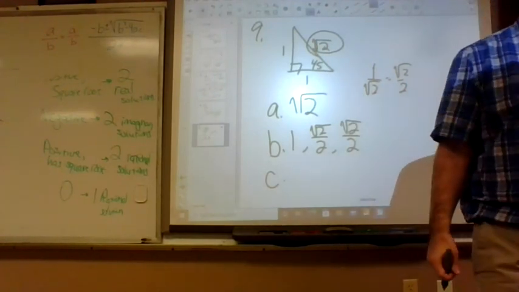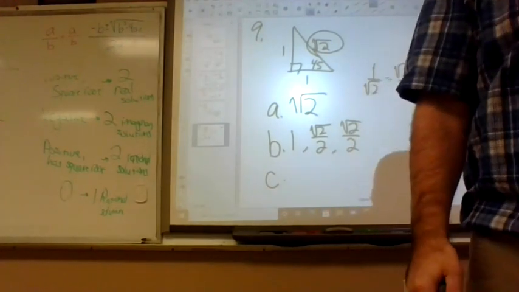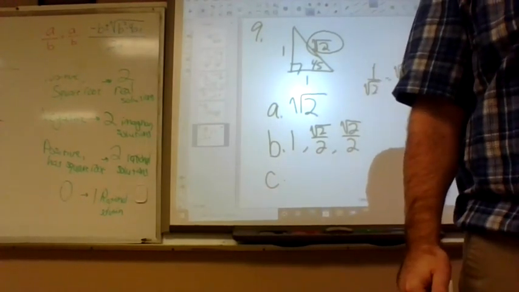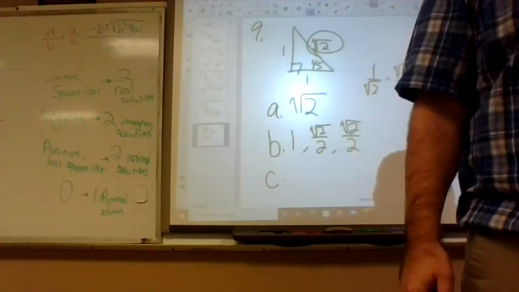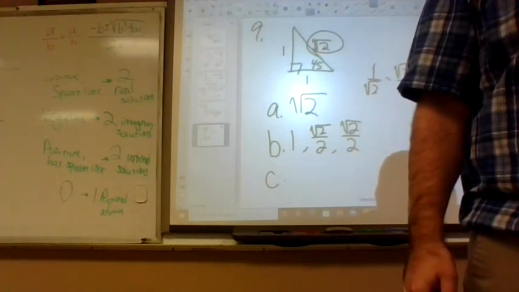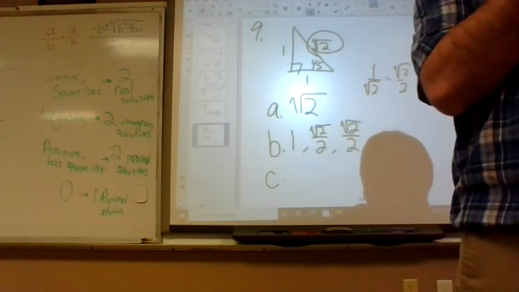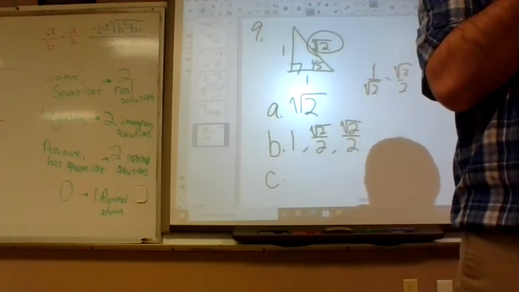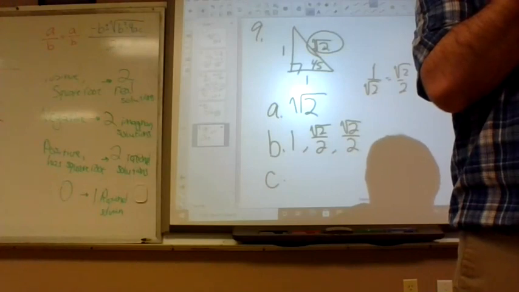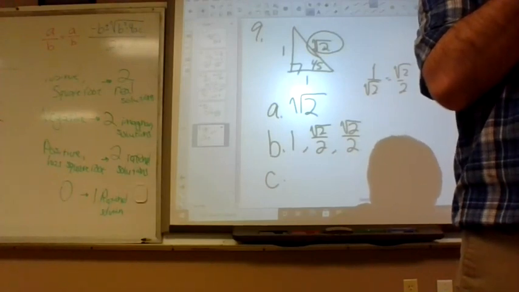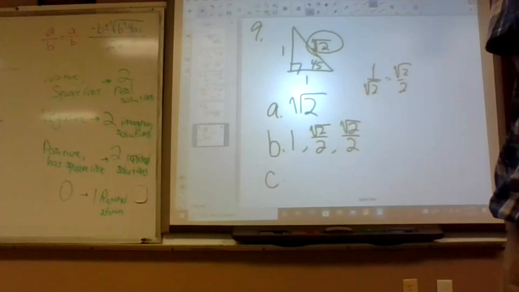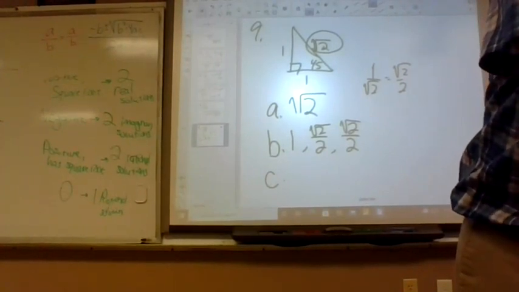On C, convert to decimal form and compare these with the calculator answers. I'm kind of confused. Why are we comparing? Are they trying to tell us to do them without the calculator and compare to the calculator, to find the relationship?